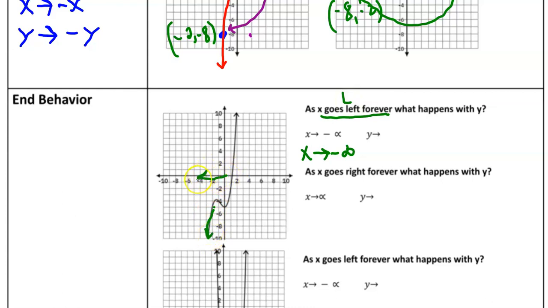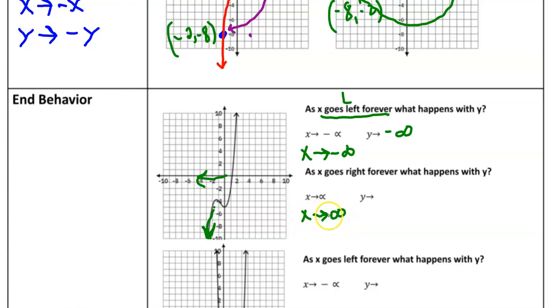As x approaches negative infinity, what is y doing? If you notice, it's going down that arrow. It's also going to negative infinity. It's going down as well. It's getting smaller. As it goes to the right, x is approaching positive infinity.